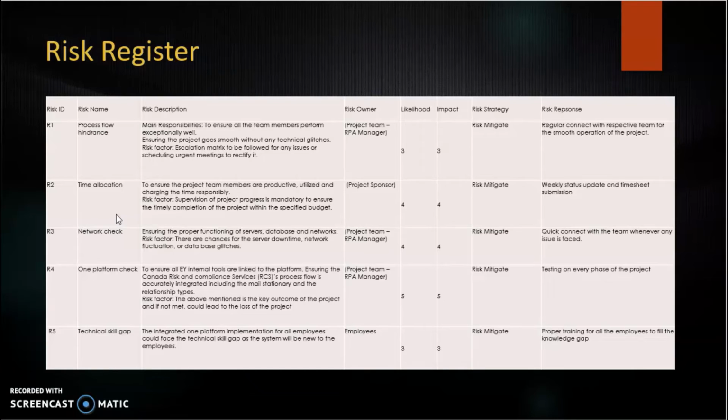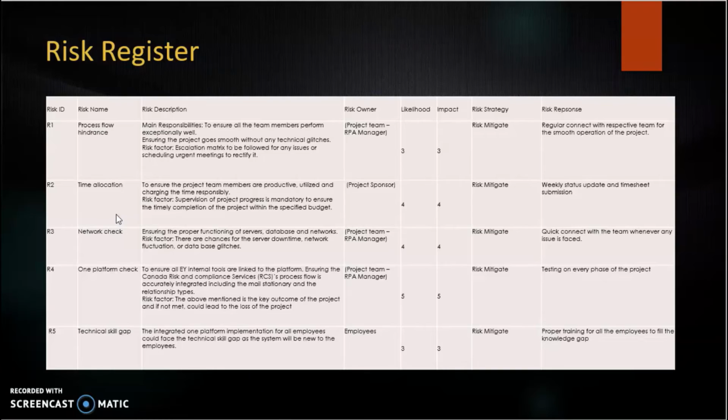So here we have five risks identified for the project. One is process flow hindrance. The other one is time allocation, where the team members are productive and properly utilized and the time is charged responsibly.